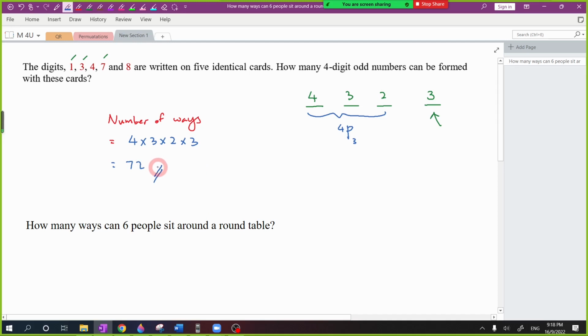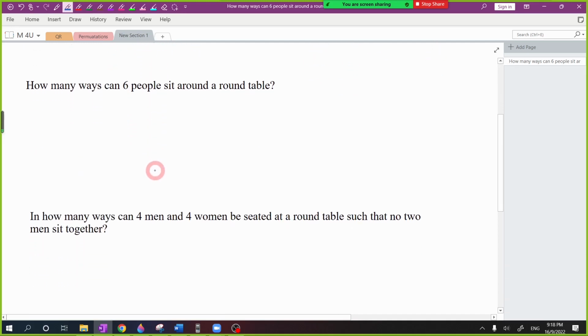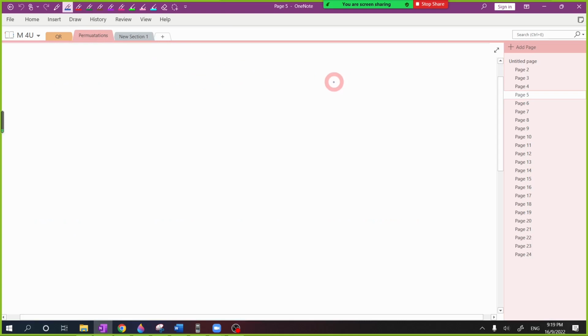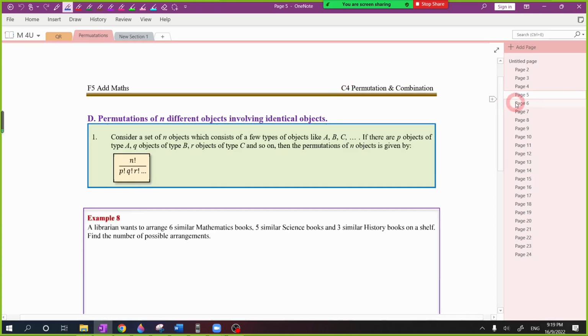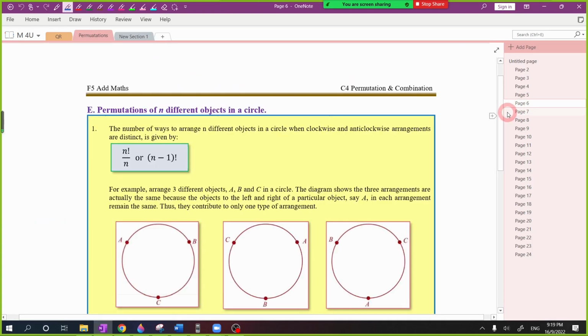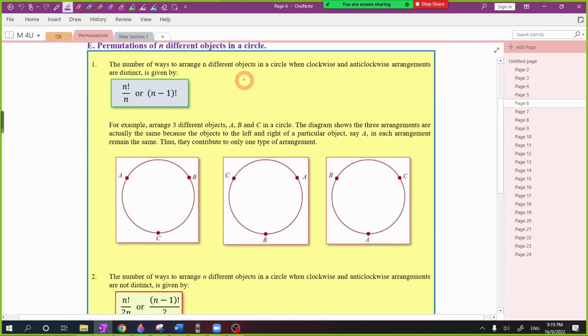Now let's go to this type of question. We want to arrange in a circle. How do we solve this type of question? The number of ways to arrange n different objects in a circle, when clockwise and anti-clockwise arrangements are distinct, is given by n factorial divided by n.